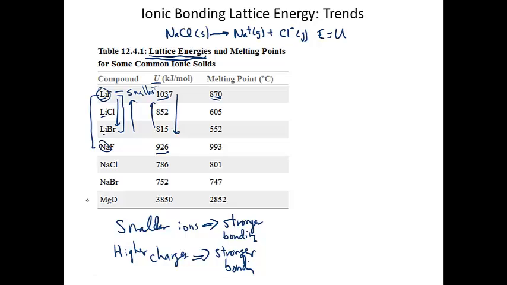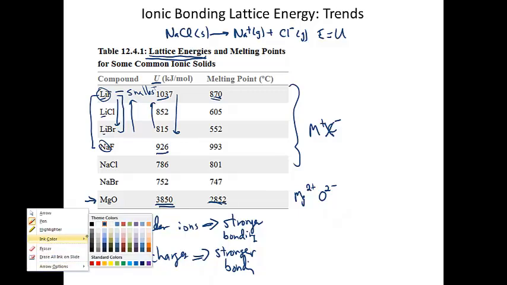Now, the last case is magnesium oxide, which has a much, much stronger lattice energy and a much, much higher melting point. That's because magnesium oxide is made of magnesium 2+ ions and O2- ions, and all of these other ones are made of a metal and an anion with +1 and -1 charges each.